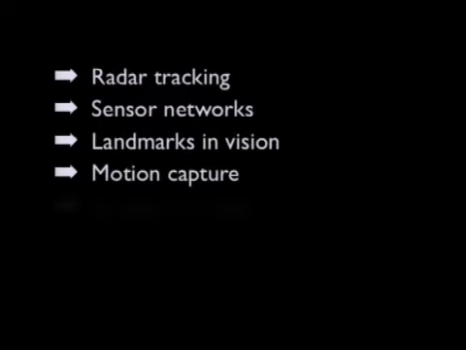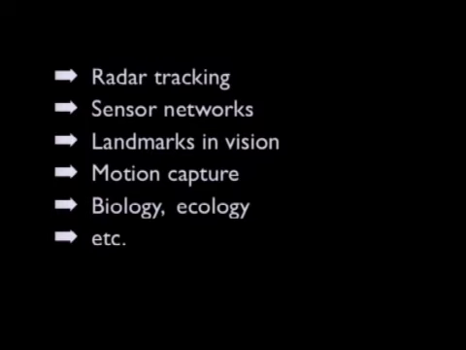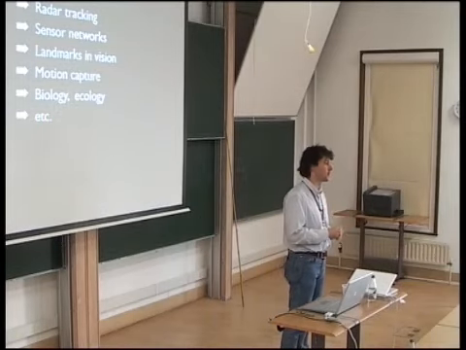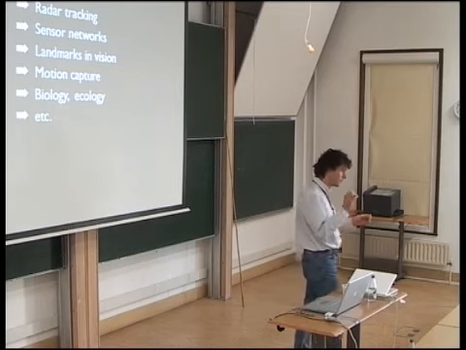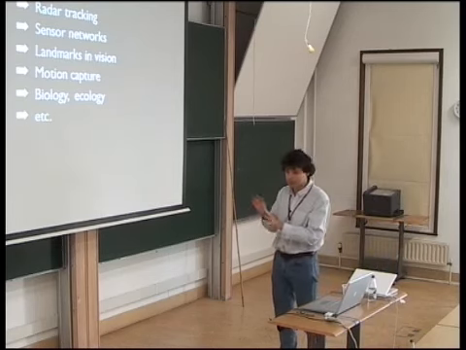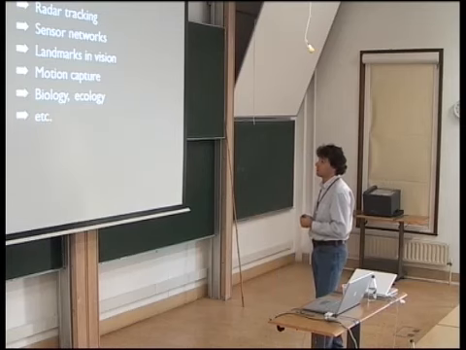As I said, the origins of this subject are mostly in radar tracking, but it's not just about radar tracking at the moment, thank God. It turns out that this has become an interesting problem for all sorts of reasons. Partly sensor networks, which are becoming more and more ubiquitous. Then it also comes up in vision, where you're maintaining landmarks. You get a video of somebody, and you want to individually track the eyes or certain other landmarks on the image, and you don't want them to get mixed up.